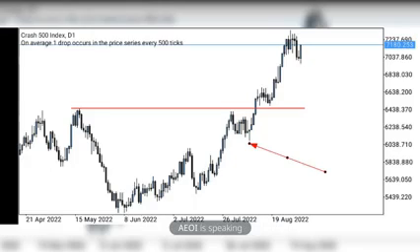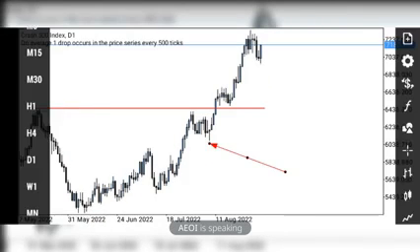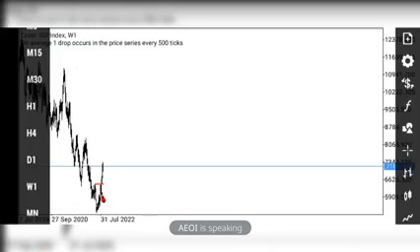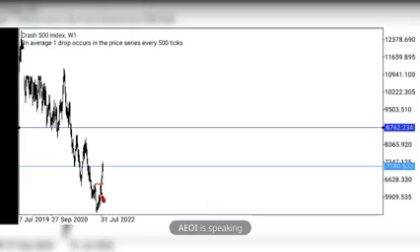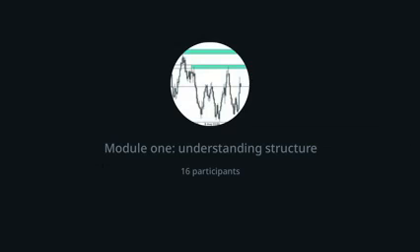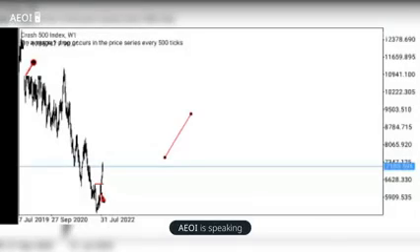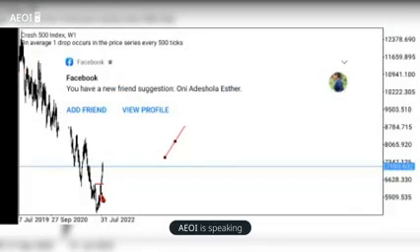Now, remember, when price, now follow me closely. Let me go to weekly. Let me zoom in. Now, let me make a sketch. Are you with me, please? Yes, sir. All right, thank you. Now, price is in an uptrend.